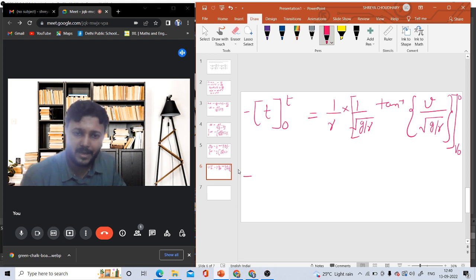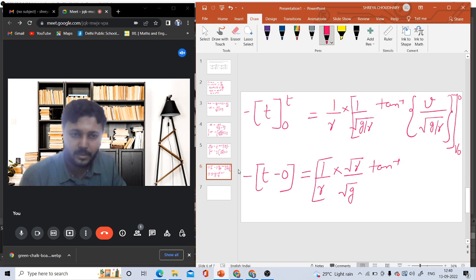So the value will now be t minus 0 on the LHS, and on the RHS we will have tan inverse. The total will be in negative values because it is upper limit minus lower limit. When we put the upper limit, v will be 0, and the total value will be 0. Now we put the lower limit, which is v naught over under root g upon gamma.